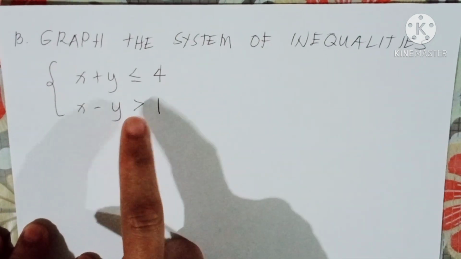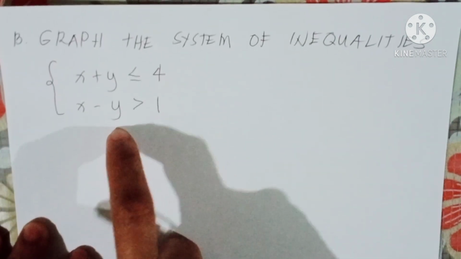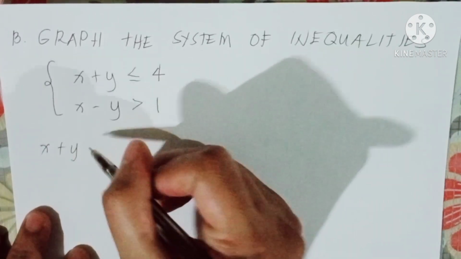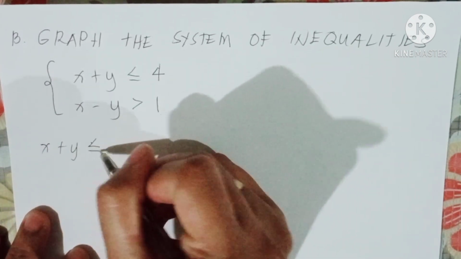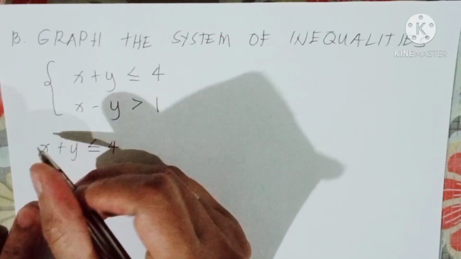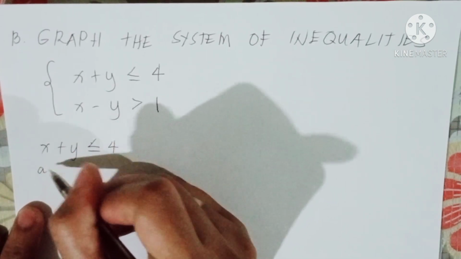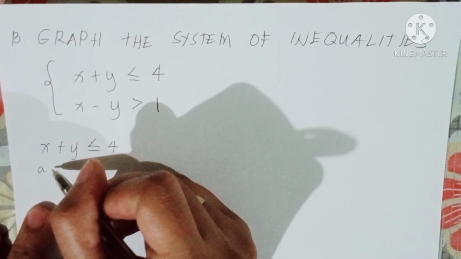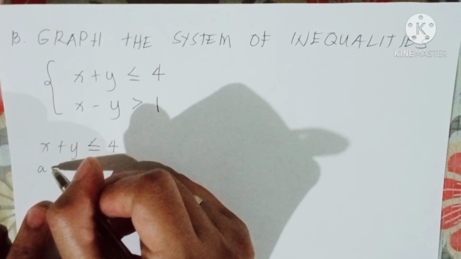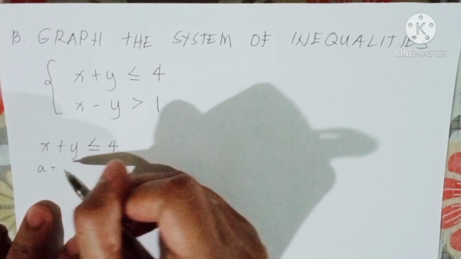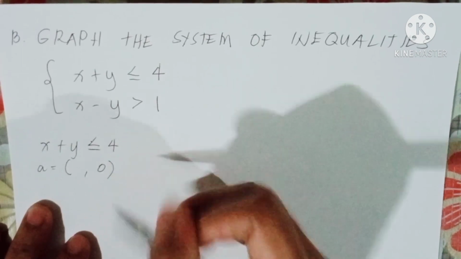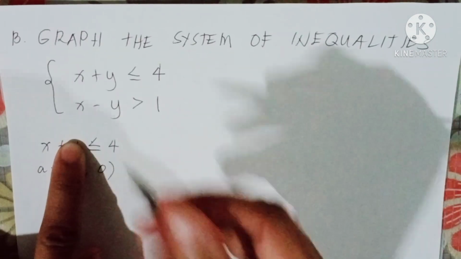Okay, so let's find the intercepts of the first inequality. So x plus y is less than or equal to 4. So A, which is the x-intercept, is equal to, when we set y with 0, that will give you a 4.